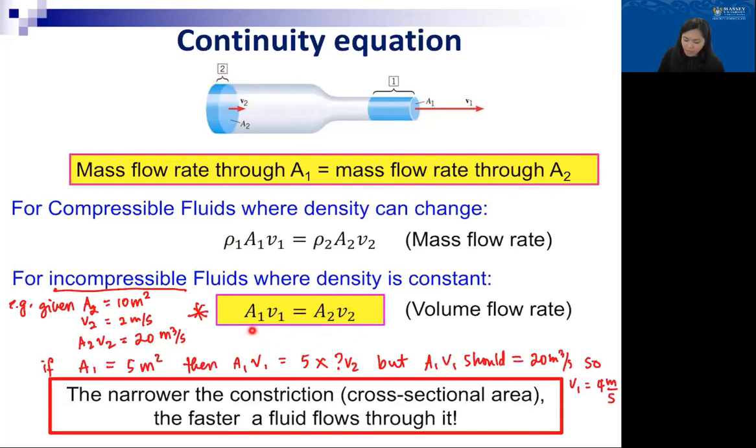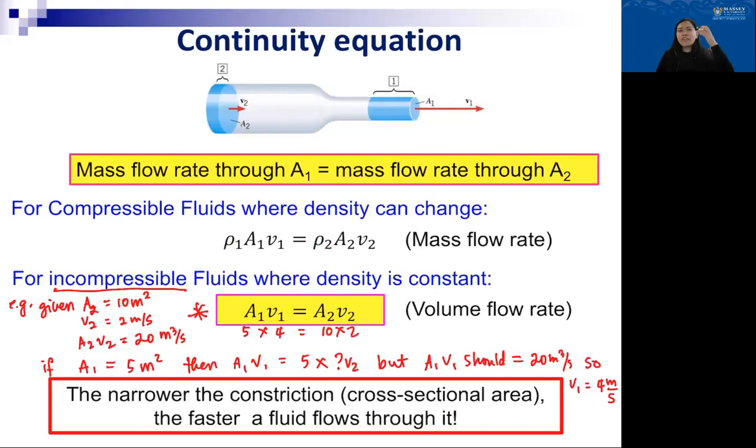So A1 V1, 5 times 4, should be equal to A2 V2, 10 times 2. Okay. Right. So the narrower the constriction, the smaller the cross-sectional area, the faster the fluid should flow through it. Does that make sense? Okay, good.